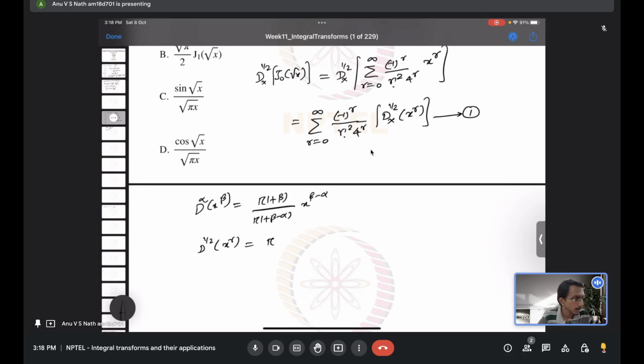So it's gamma of 1 plus r divided by gamma of 1 plus r minus half, then x to the beta minus alpha, so that's r minus half. Since we are taking summation over the integers, r is an integer, so gamma of 1 plus r is just r factorial. At the bottom we need gamma of r plus half, then x to the r minus half.